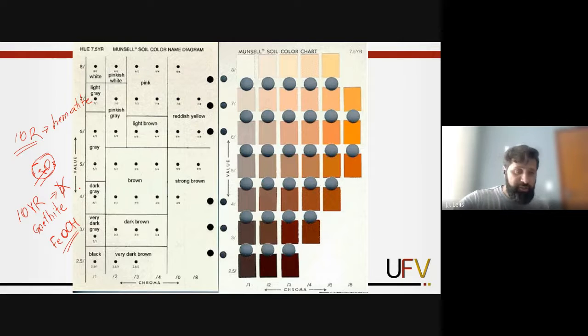But I can only identify the minerals in a lab. So if I describe the soil color in the field, I can imagine which minerals I can find in that soil horizon.